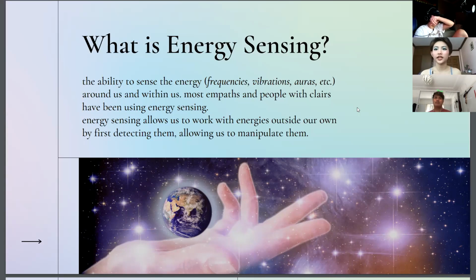Energy sensing allows us to work with energies outside our own by first detecting them, allowing us to manipulate them. I'll get into manipulation towards the end, but energy sensing is very important because knowing what energies are there matters. We can't see energy, but it's there, so that's what makes it magical.